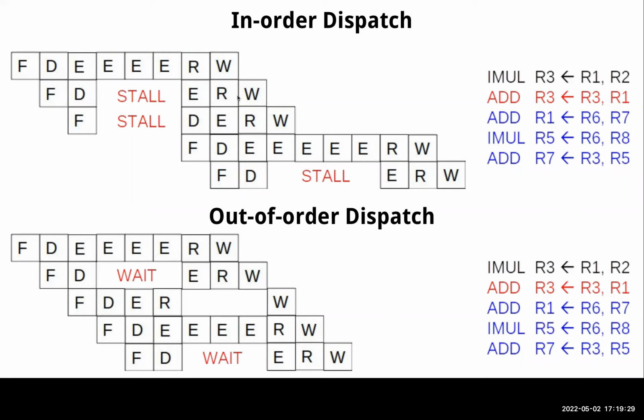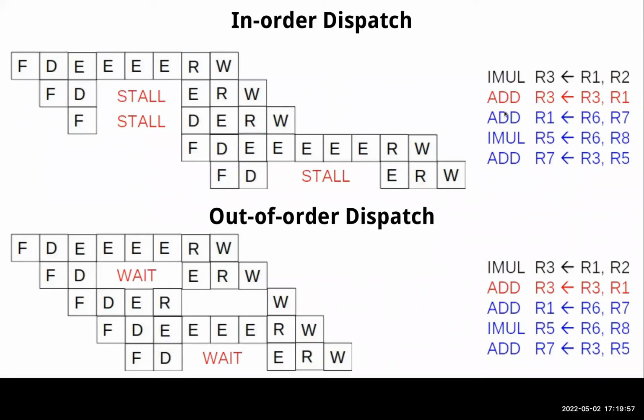Because the second one is blocked, the third one is also blocked. In total, to execute those 5 instructions, we need 16 cycles. From here to here, that's 16 cycles.